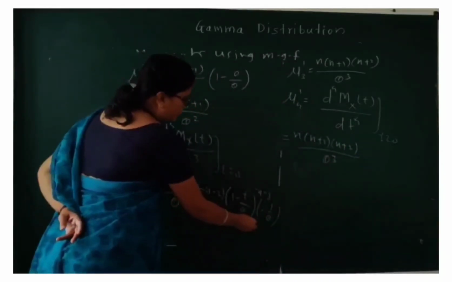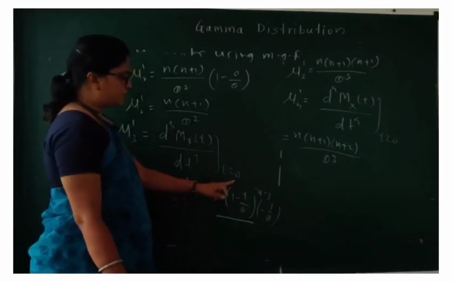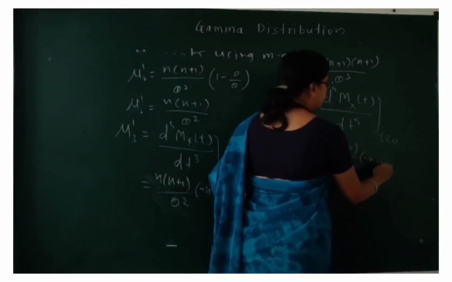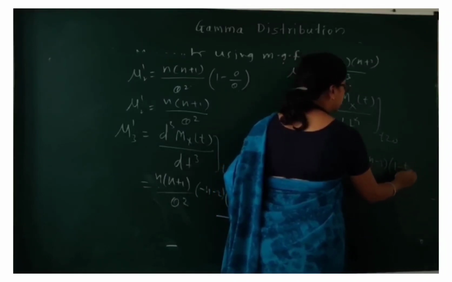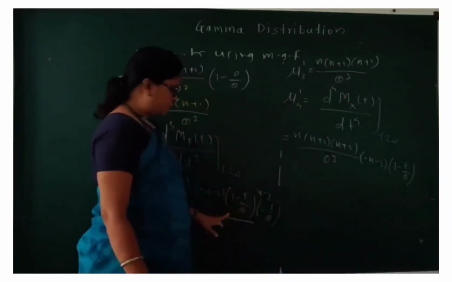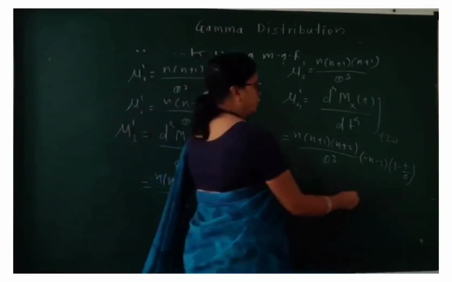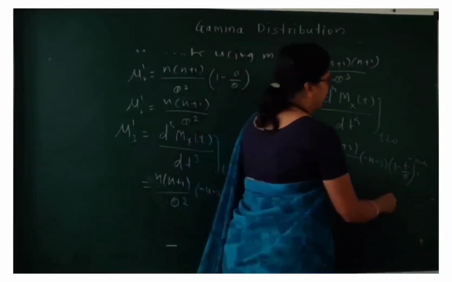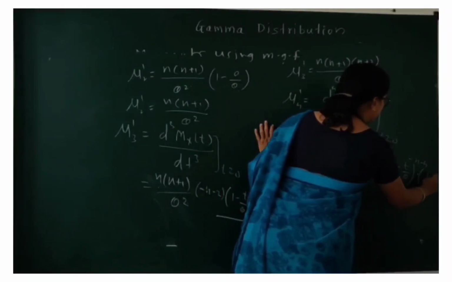Now take the derivative of this term, and the derivative of this term is minus n minus 3, again (1 minus t by theta) raised to minus n minus 4, into the derivative of minus t by theta, and it is minus 1 upon theta.